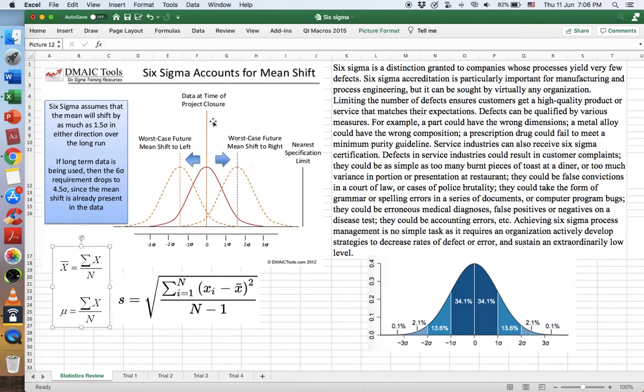And that's what Six Sigma means, right? Six Sigma shifts the mean plus and minus 1.5 standard deviations, right? That ensures that over the long run, given a worst case scenario, say that one day or one week or one month or in some batch, the mean is somehow very far away from where it's supposed to be.